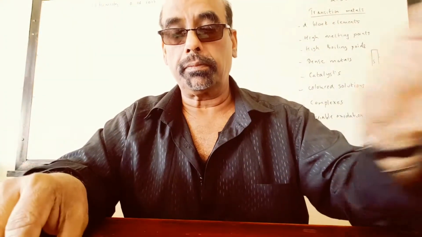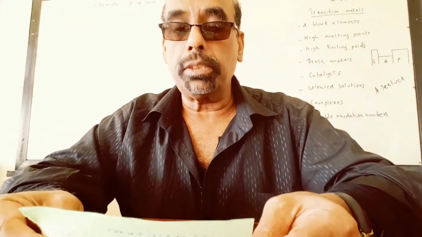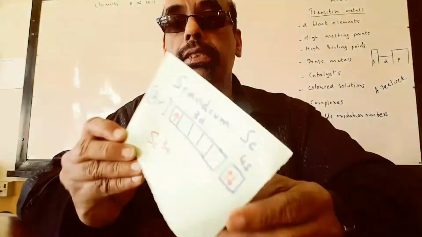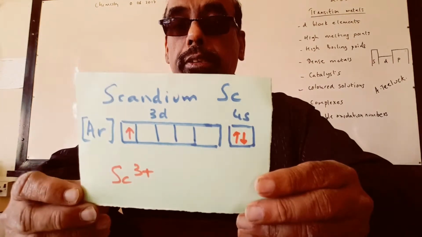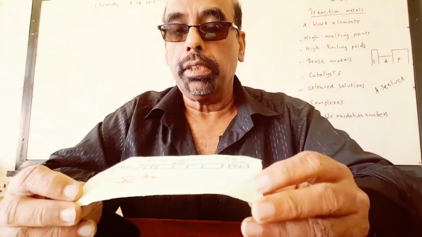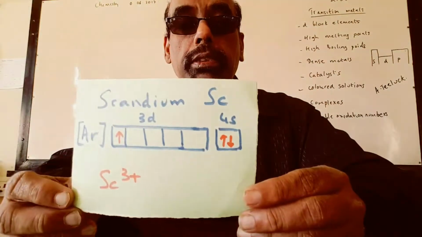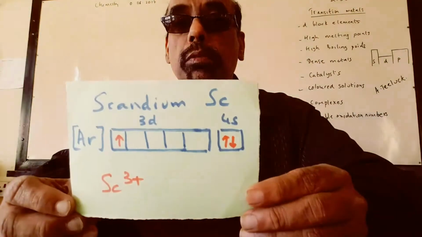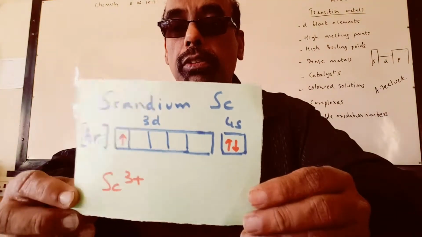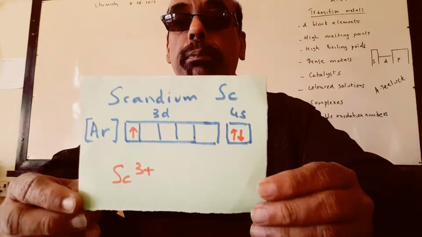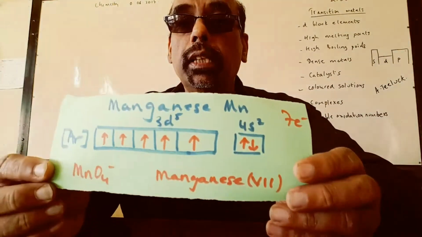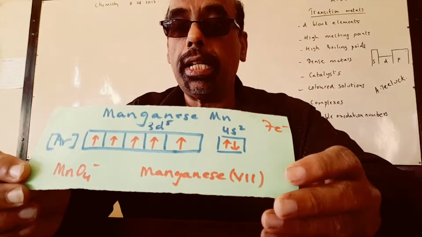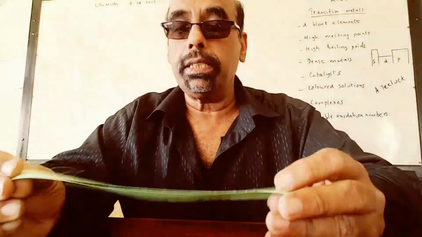So, one example of transition metal is scandium. This is the electronic configuration of scandium. It can use electrons from the 3d orbitals and electrons from the 4s orbital. It can use these electrons, so it can form Sc3+. Manganese: this is the electronic configuration of manganese.